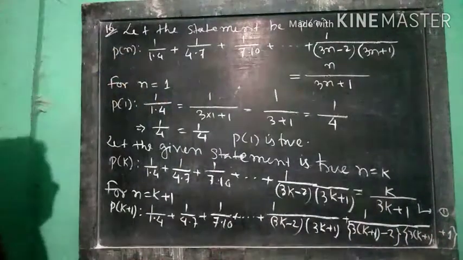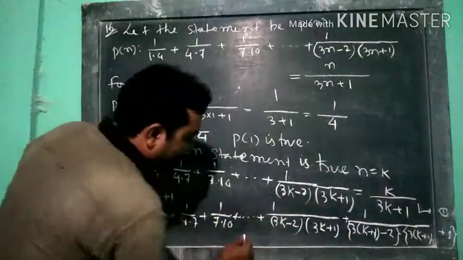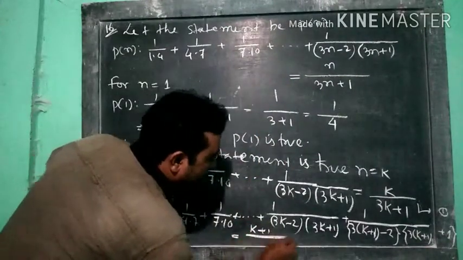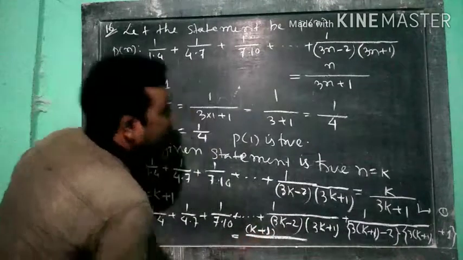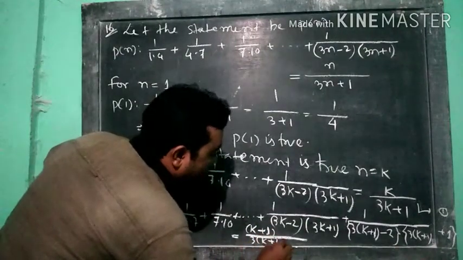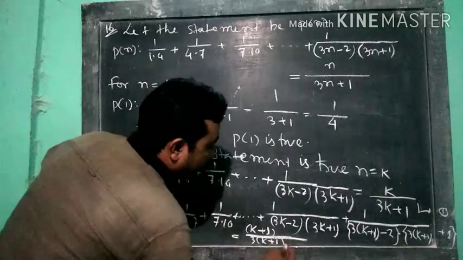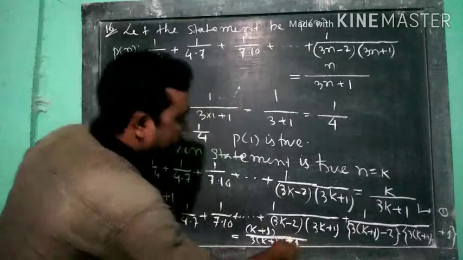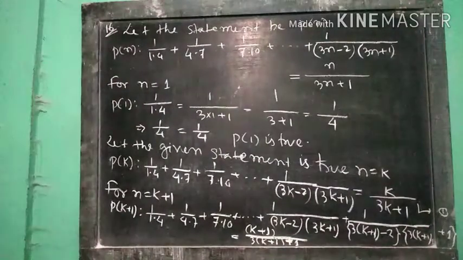This should be equal to n, meaning k plus 1, divided by 3 whole into (k plus 1) plus 1. This is the right hand side that we have to show.